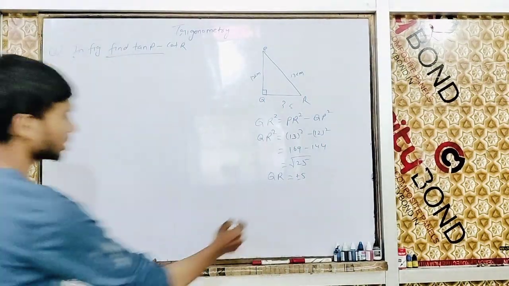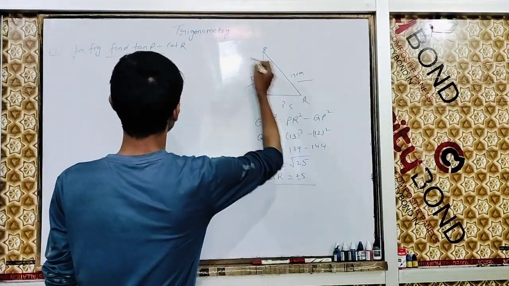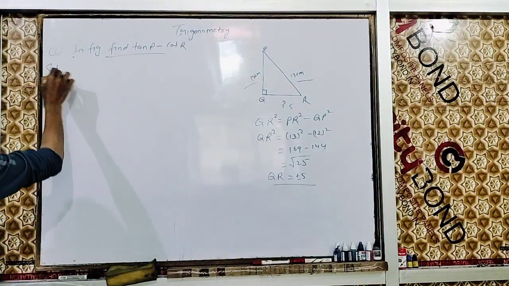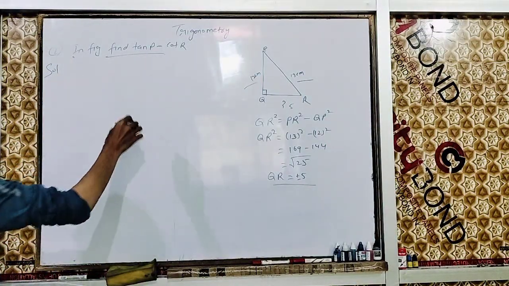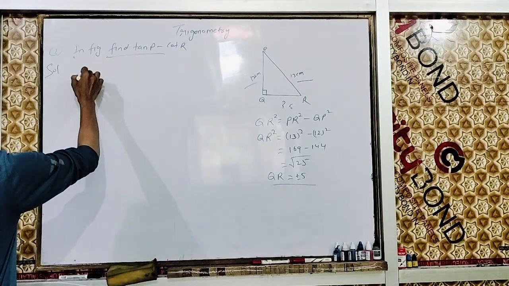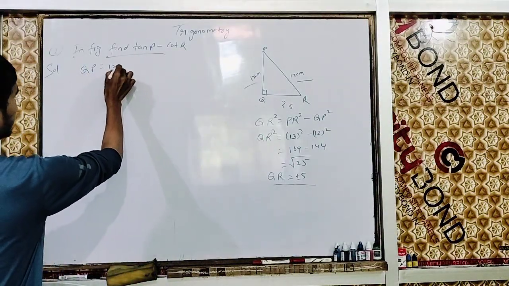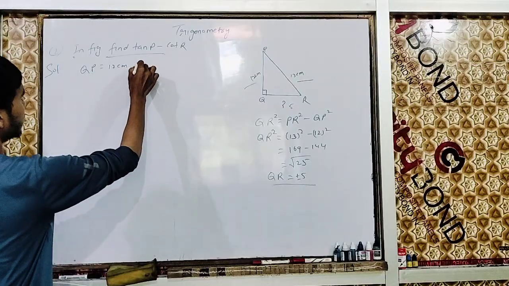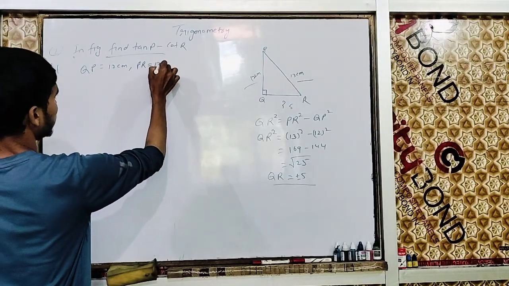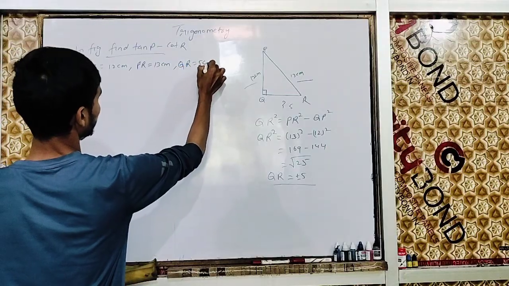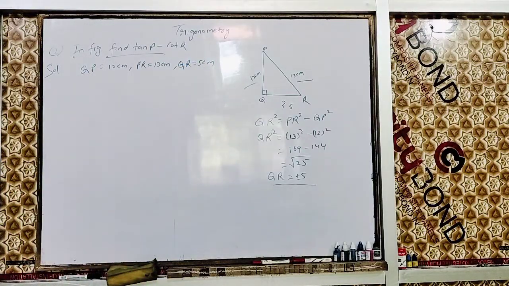Now let's apply this. Whatever is given to you, you can write first of all. For example, QP is 12, then PR is 13, then QR is 5.